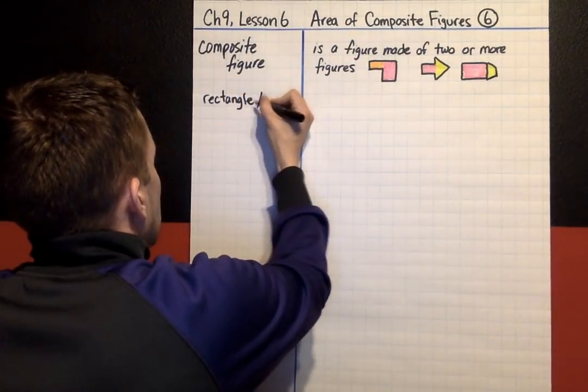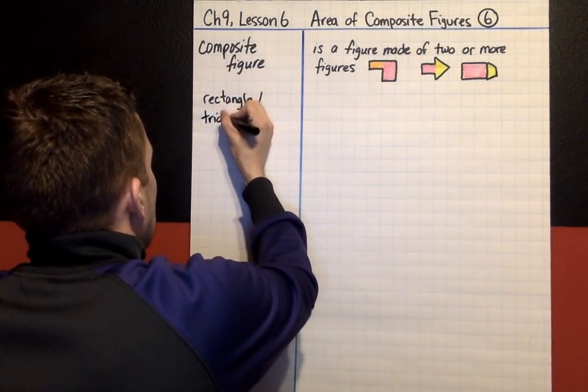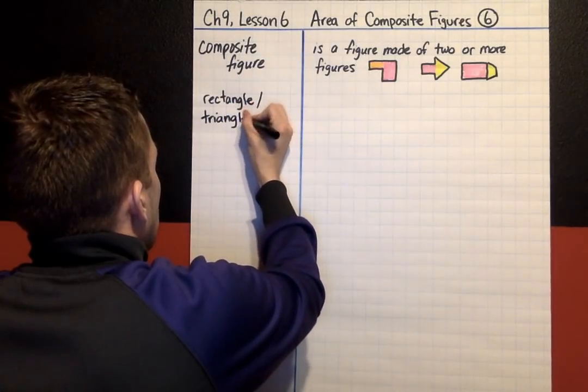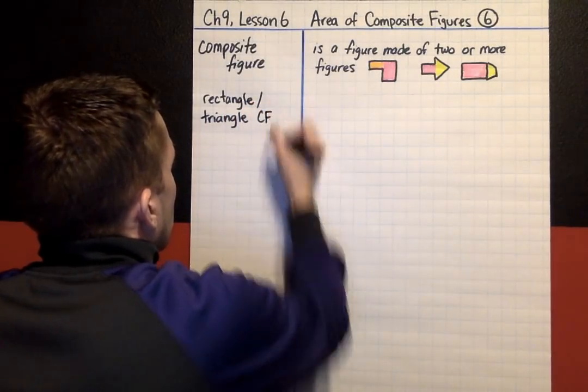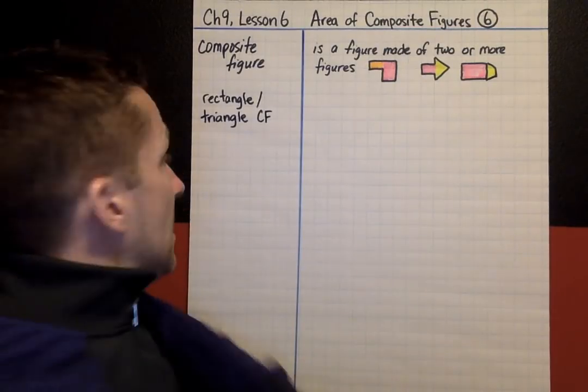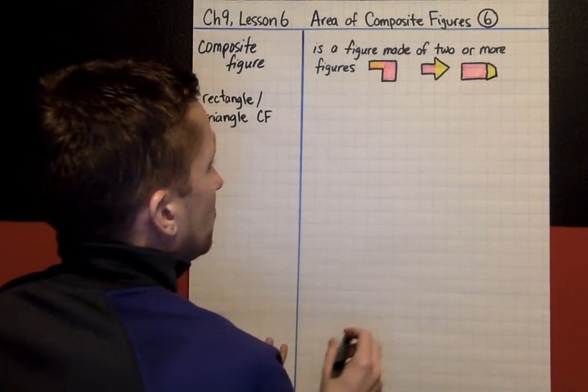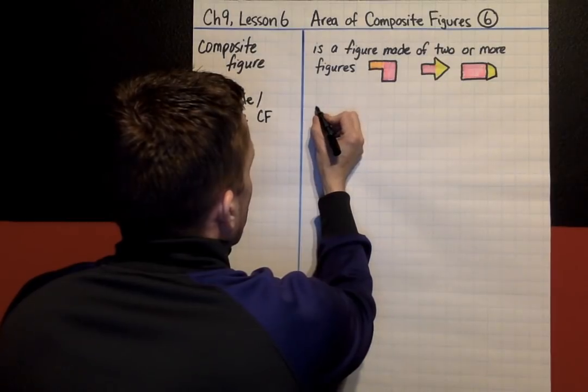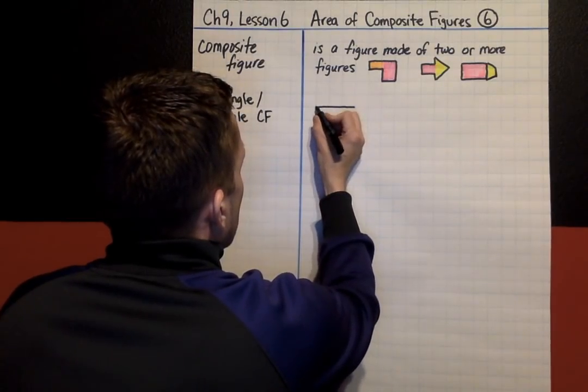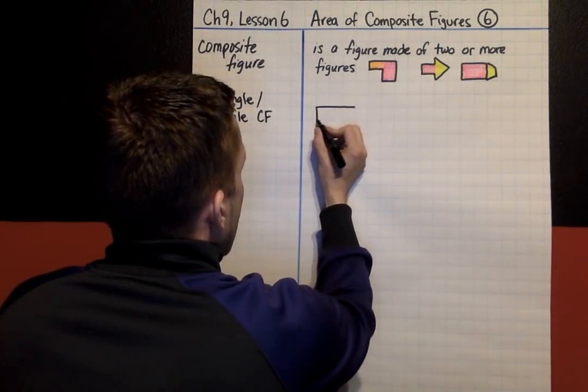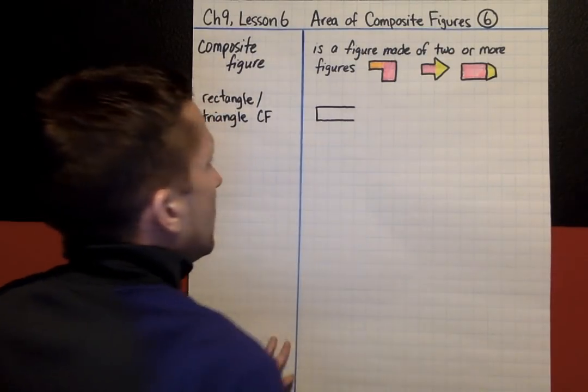Rectangle, triangle, composite figure, CF. I'm going to make a rectangle that's 3 units across the top, 1 unit on the end, 3 units this way.